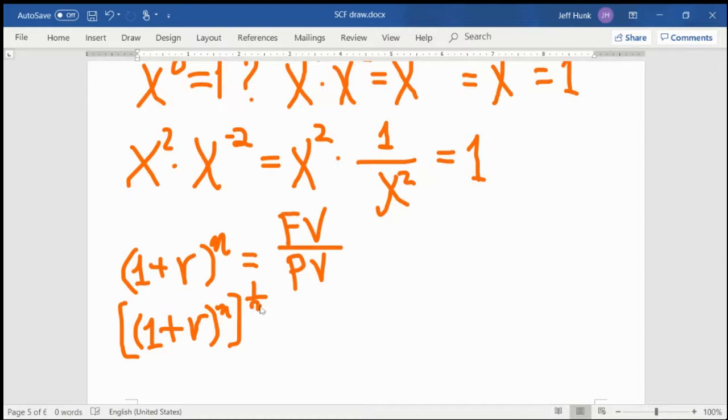Then think about it: this is an equation, which means the left-hand side is equal to the right-hand side.